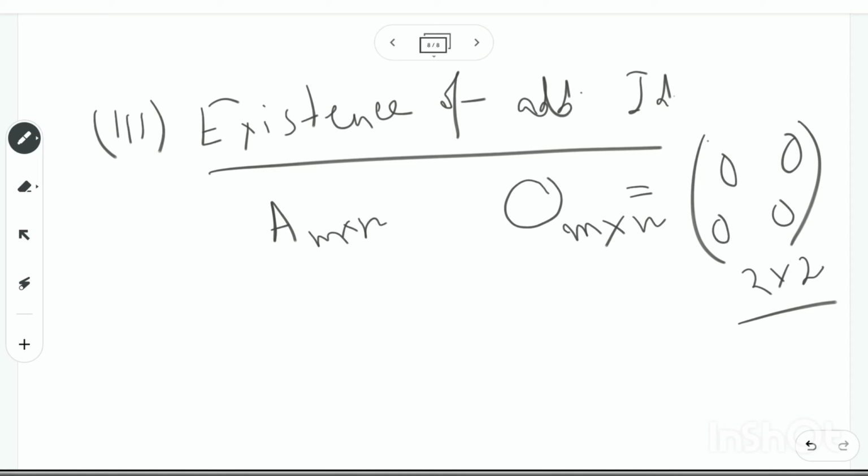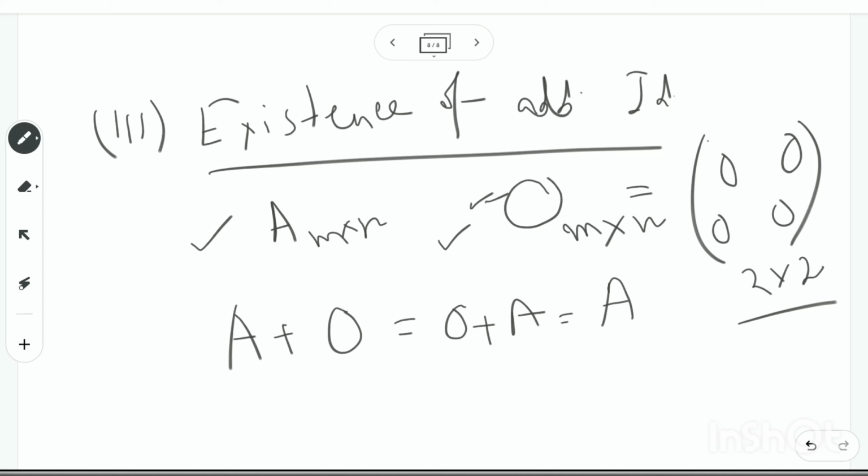The property says that if A is an M cross N matrix and O is an M cross N zero matrix, then A plus O equals O plus A, and it equals A. In other words, O is the additive identity for matrix addition, because we already know that if you add 0 to any number, you get the same number.